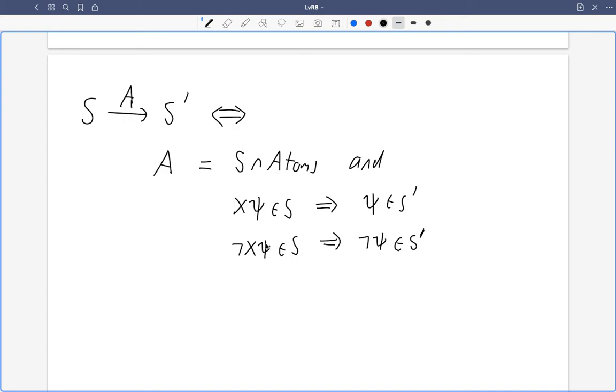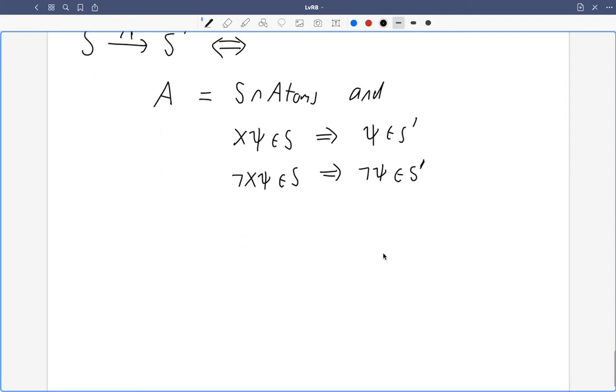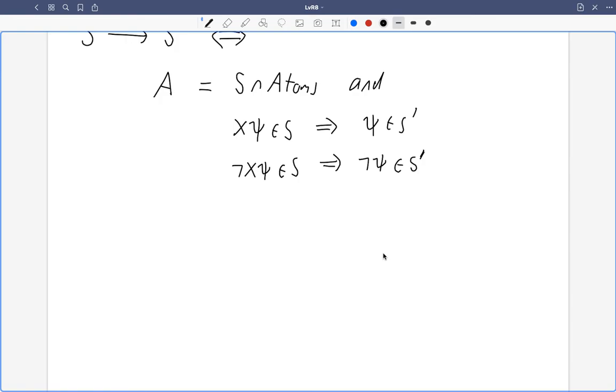And from the rules on elementary complemented subformulas, if not X psi is a complemented subformula of the original formula phi, then not psi is also a complemented subformula. And then some more.